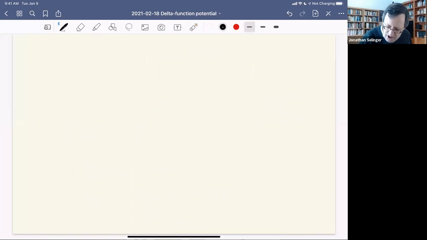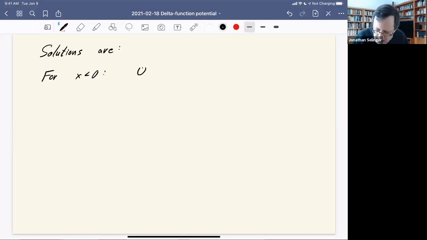Okay, so we could say our solutions are, for x negative, we have a psi of x is one thing, A times e to the minus kappa x, plus another coefficient, B times e to the kappa x. Right?